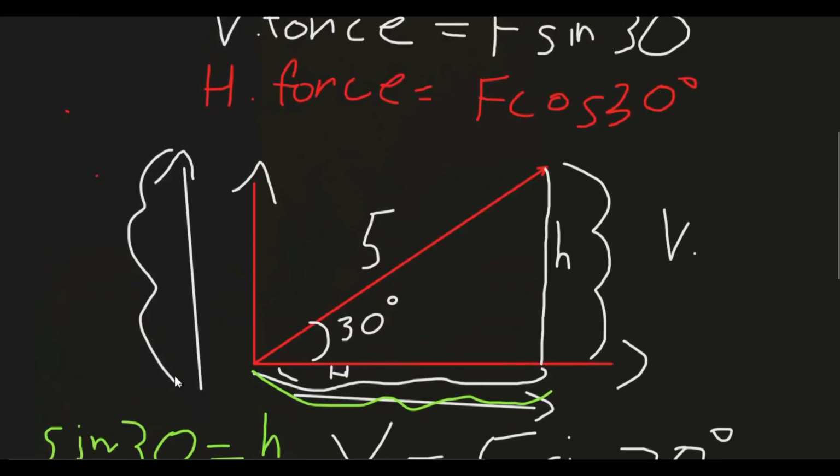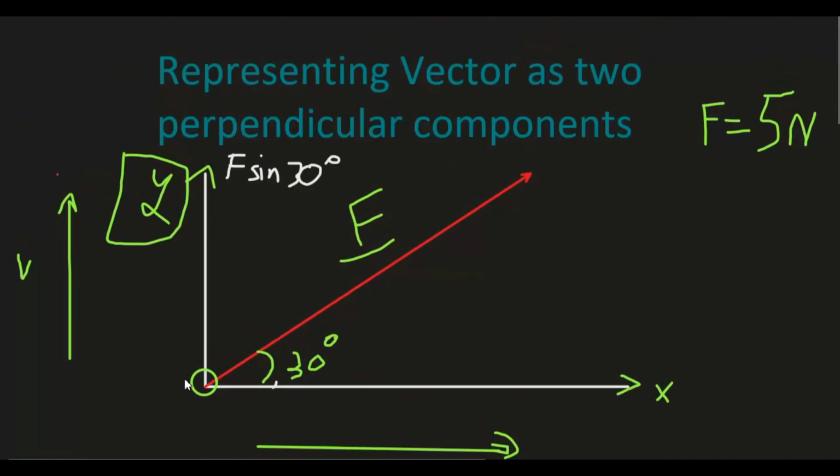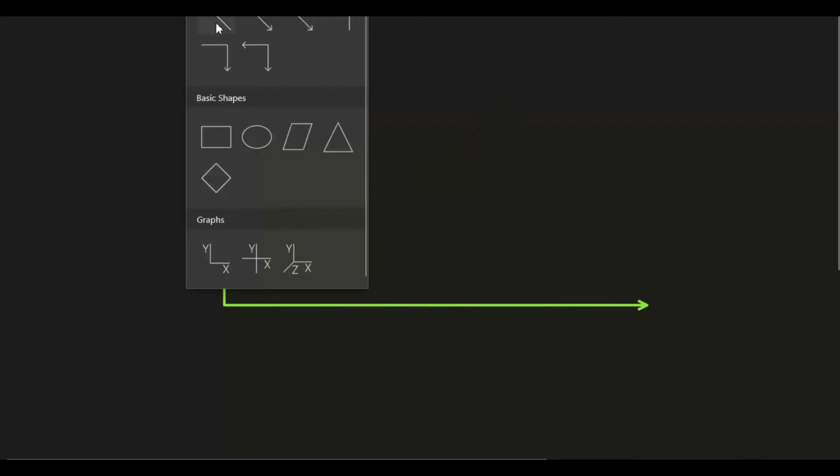Let's practice some force distribution, right? Because representing vector components as two perpendicular components is a little bit confusing sometimes. So let's do some practice. Suppose I have this graph, and I'm drawing a force here.